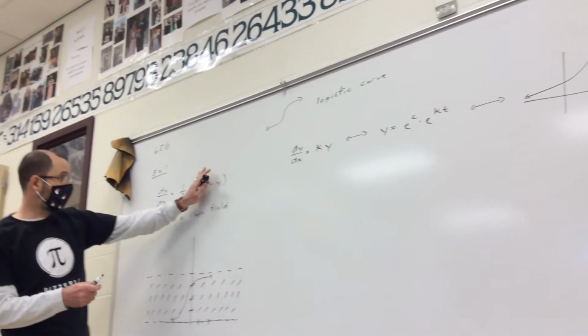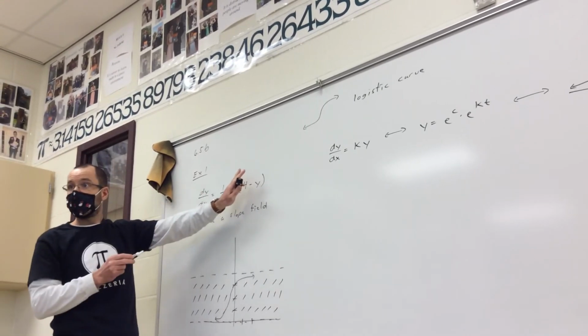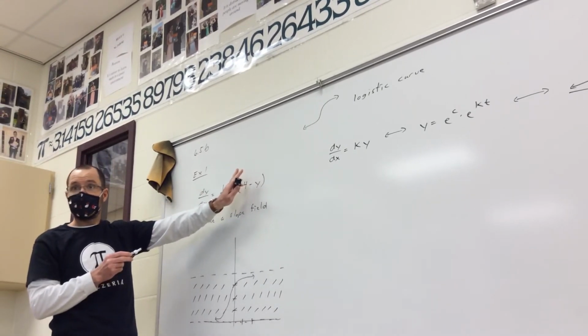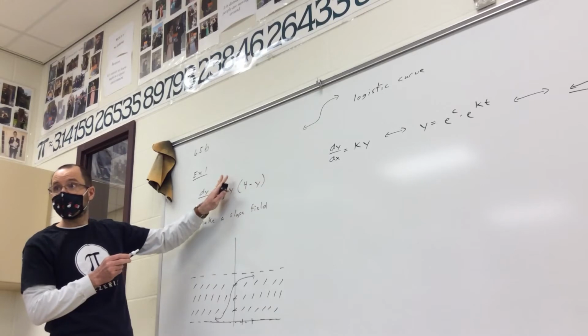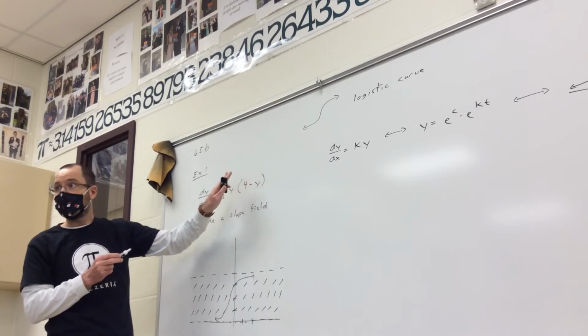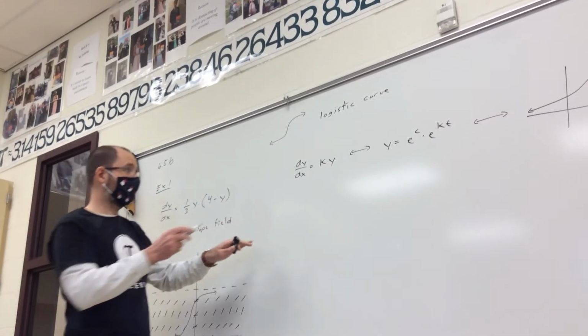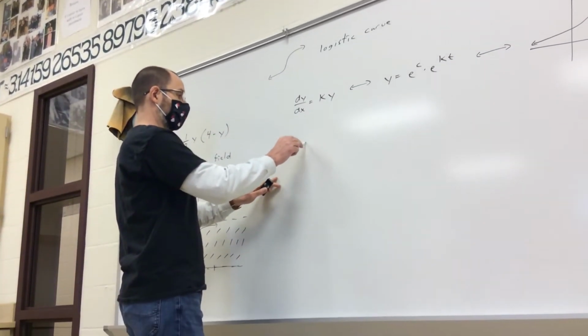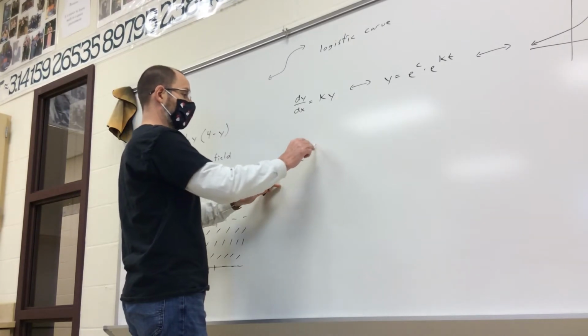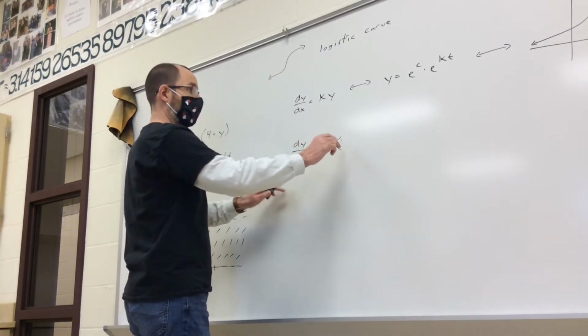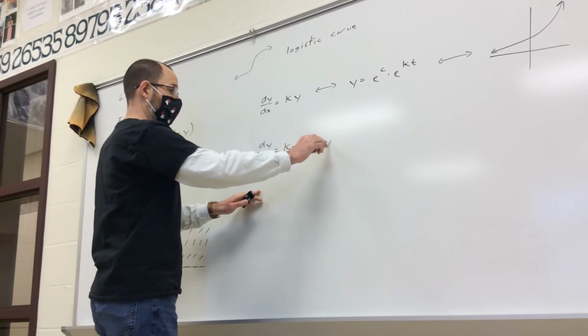So this derivative kind of looks like this, right? See how it has the ky, but then it has this extra 4 minus y. So this is the old kind of a curve, but the new kind of a curve is when the derivative is ky times m minus y.